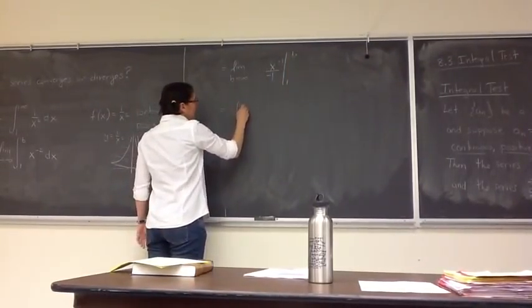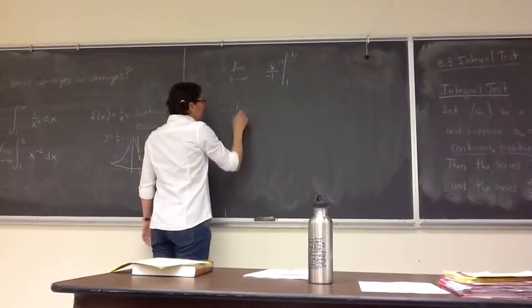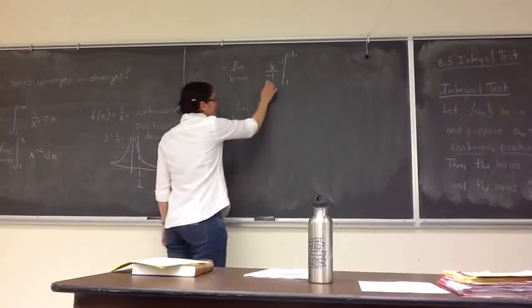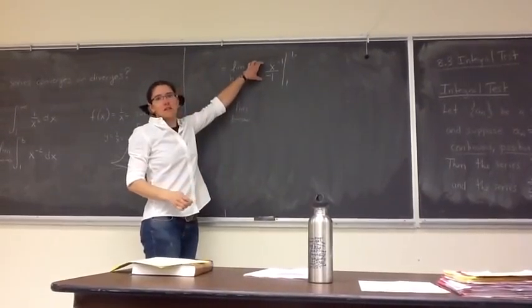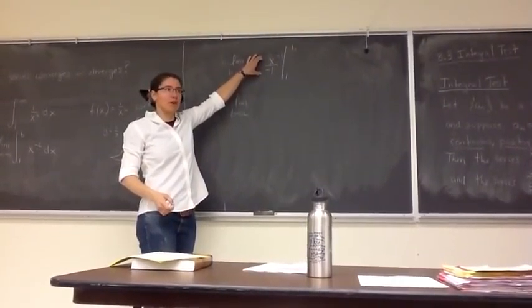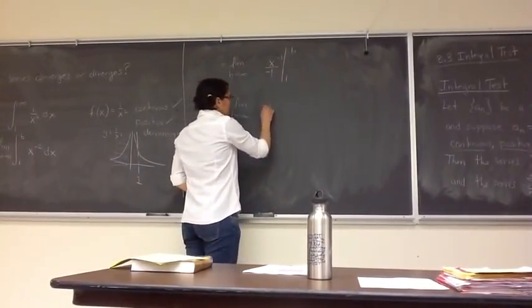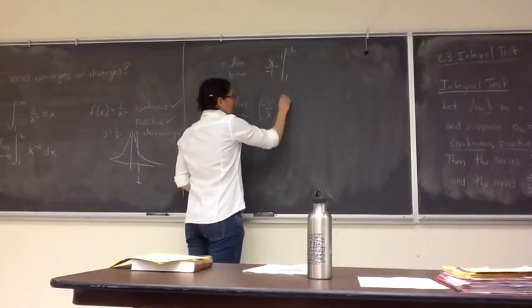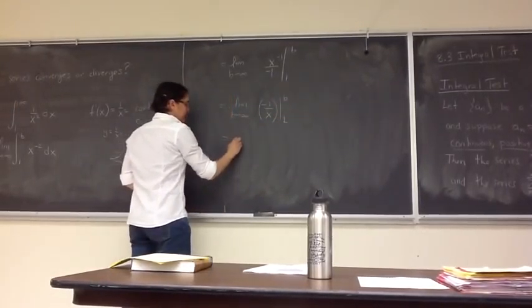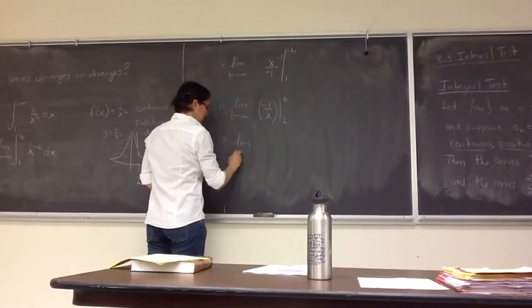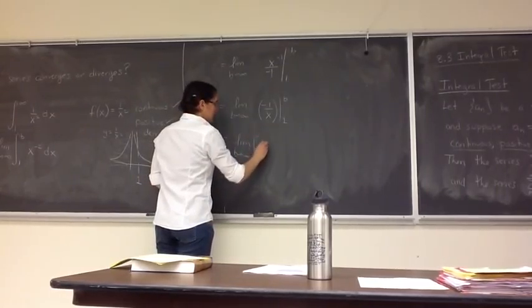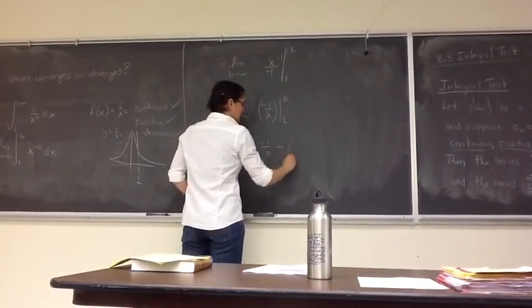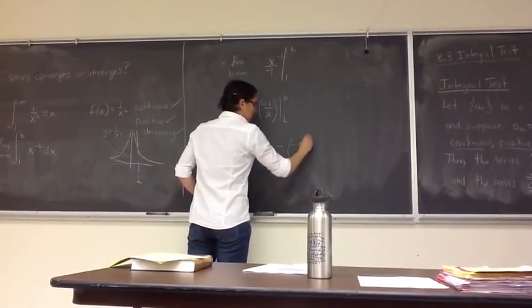And so we have the limit as b goes to infinity of, all right, the very first thing I'm going to do is to fix this fraction so that it looks a little bit prettier, and I can rewrite this as negative 1 over x. I'm going to evaluate that between 1 and b. So we have the limit as b goes to infinity of negative 1 over b minus negative 1 over 1.